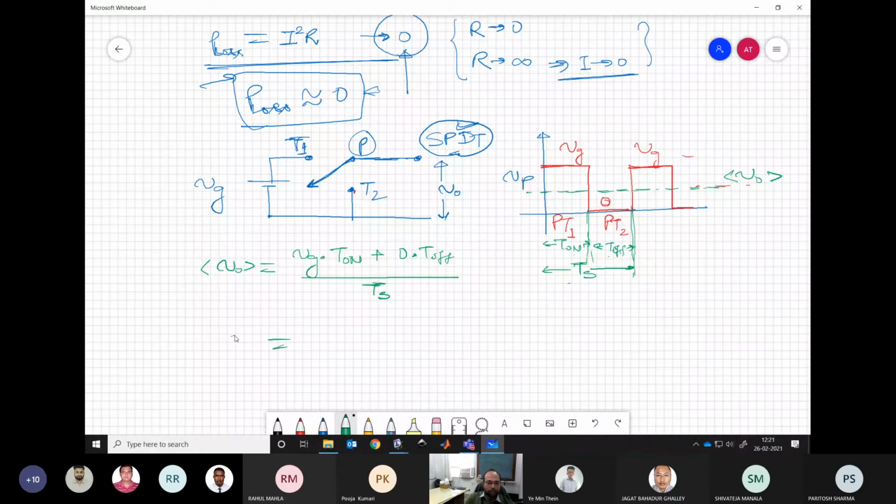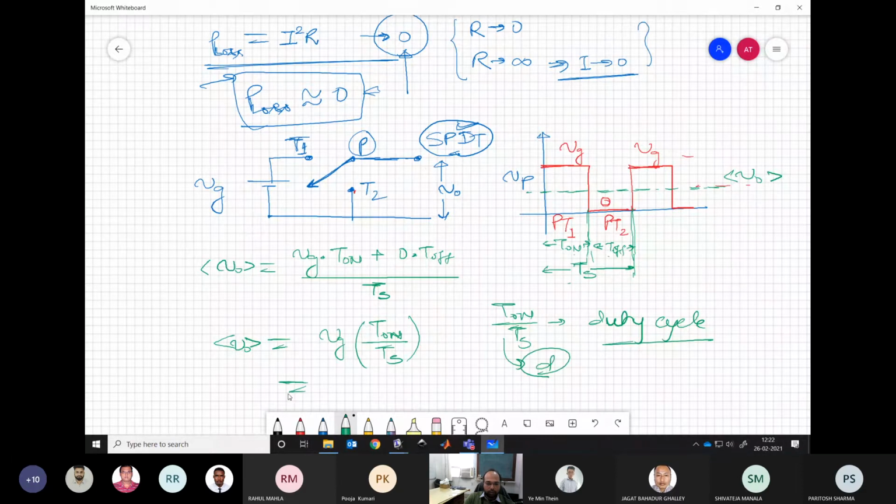Now, this gives us the average voltage of Vg into T on by Ts. You may call this T on by Ts the duty cycle for this switch, called D, the duty ratio or the duty cycle.